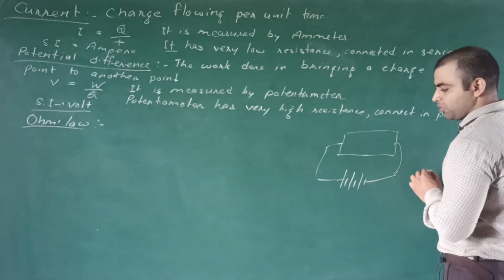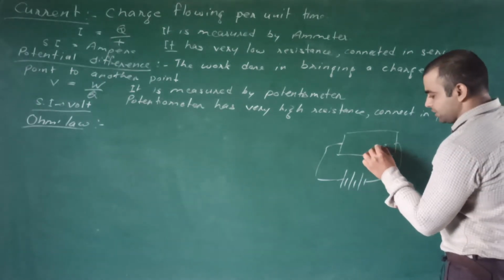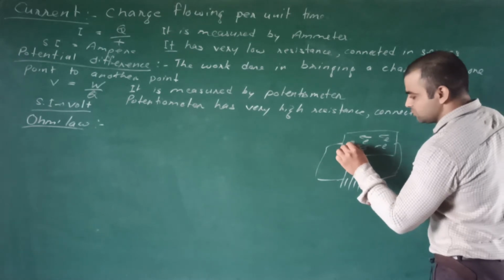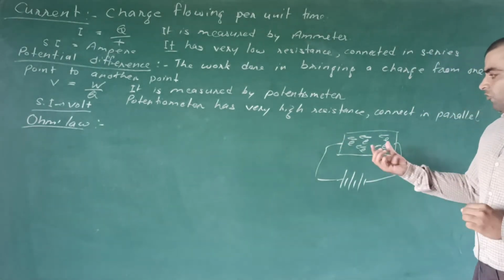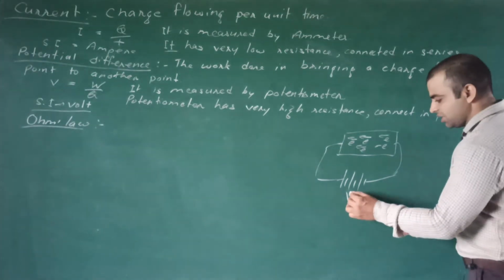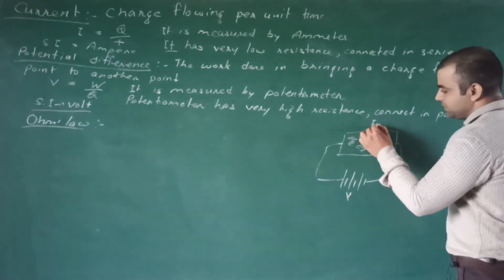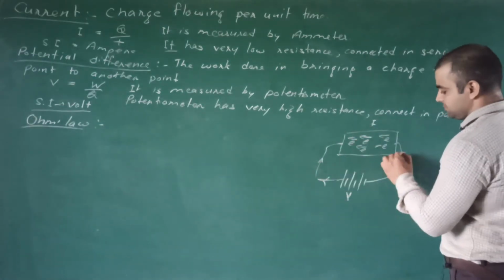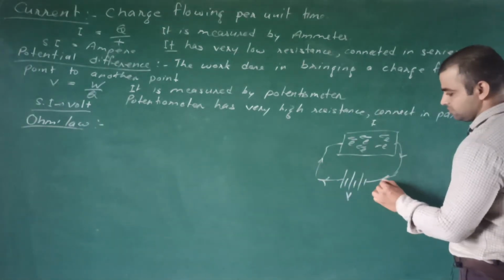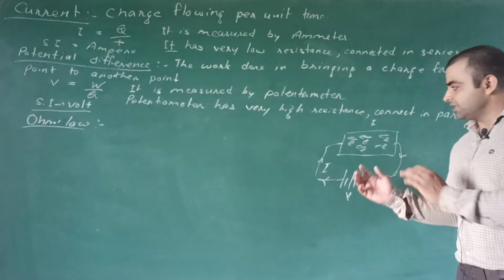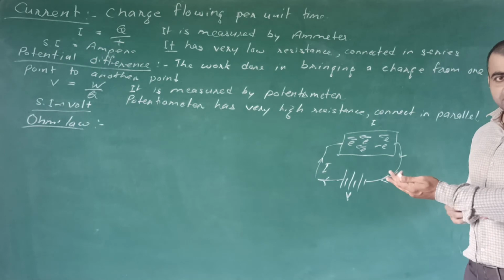When we apply more potential, more electrons will flow from the negative to the positive terminal, and the flow of electrons is current. So the more the potential, the more the current. The direction of current is positive to negative.